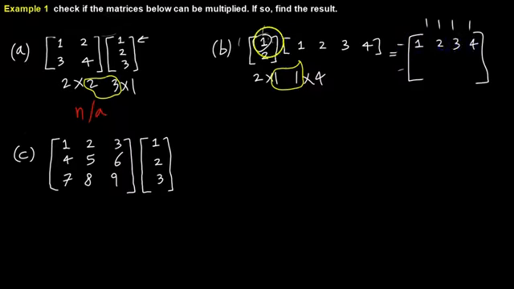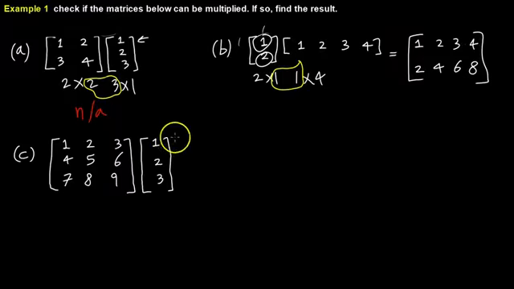Then I go to the second row entry of the column vector and multiply that through by each corresponding entry of the row vector, and you would get 2 times 1 is 2, 2 times 2 is 4, 2 times 3 is 6, and 2 times 4 is 8. So that is the final answer in this case.